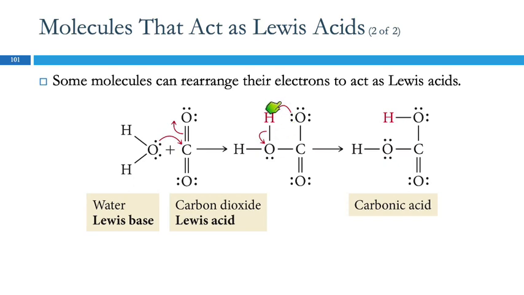So these electrons get donated to that hydrogen, and these electrons go to be a lone pair on that oxygen, and we end up with carbonic acid. And I saw some eyes that went, yeah, yes.